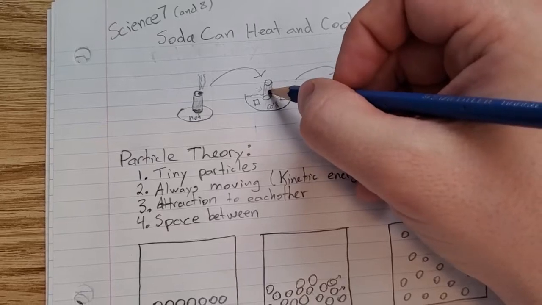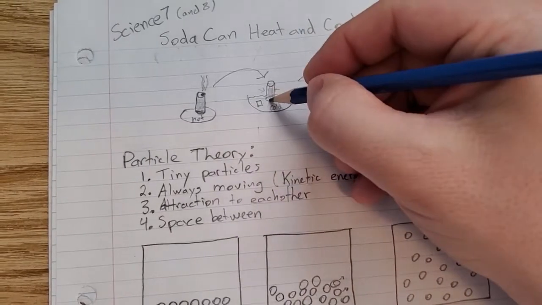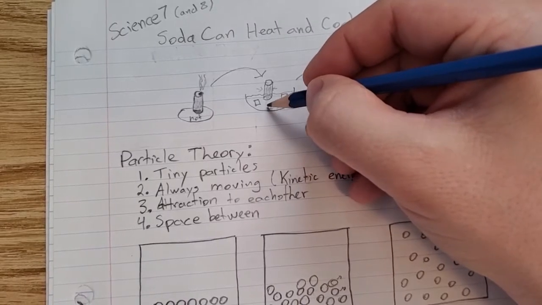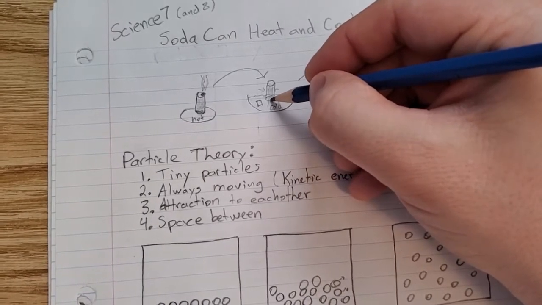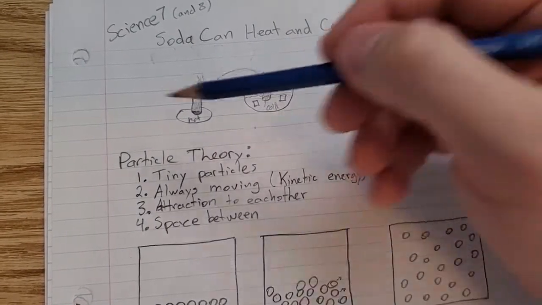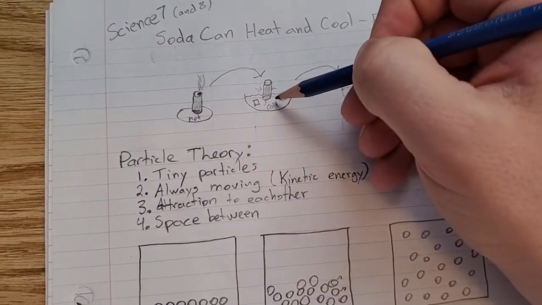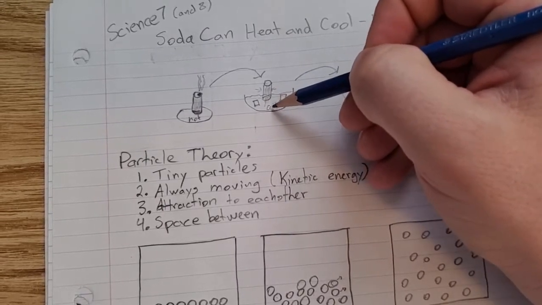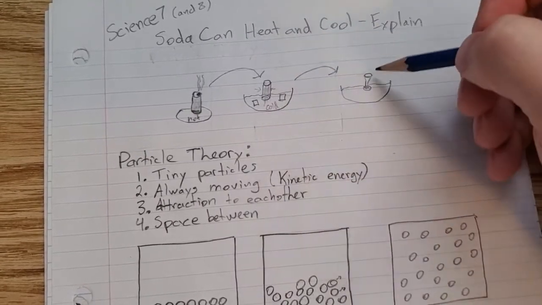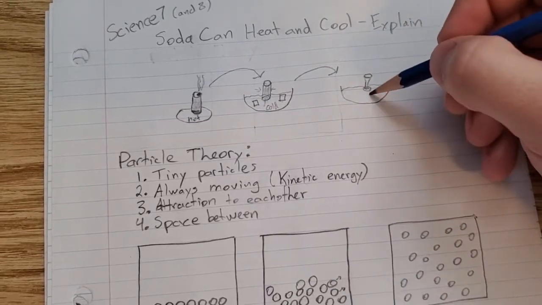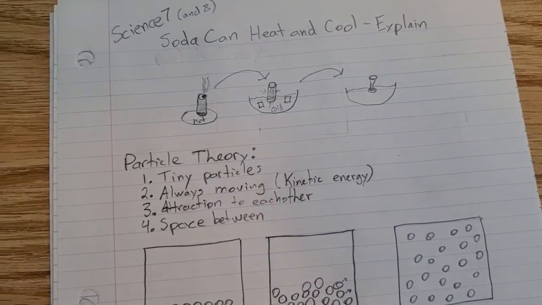So as these particles shrink, because there is that small opening there where you usually drink from, some of this water actually gets sucked in to try to equalize the pressure, but because the temperature is such a drastic change, the heat is going from this can that's hot into the water. It ends up sucking water into there, which is why when you took the can out, there's so much extra water in this can, because it actually sucks some back into it.